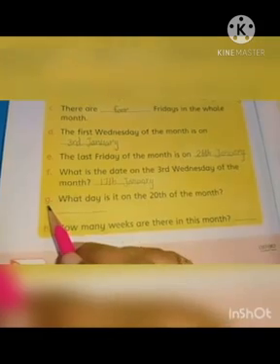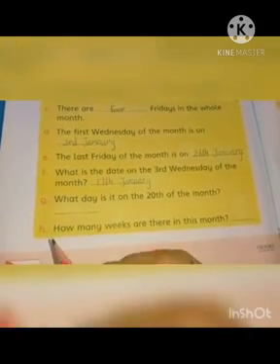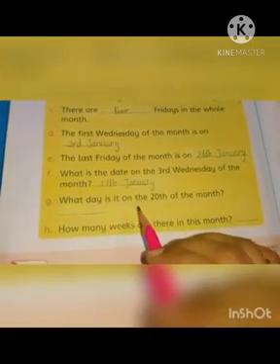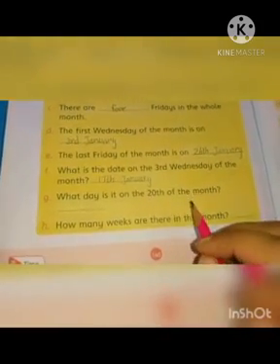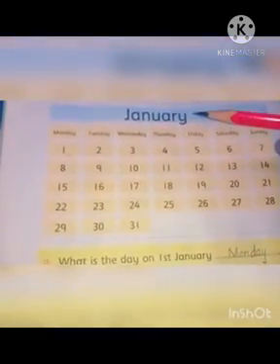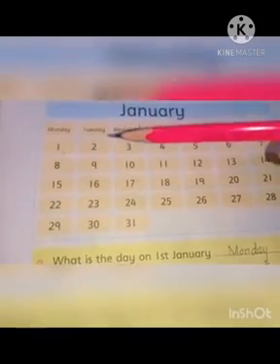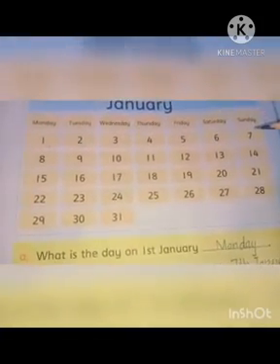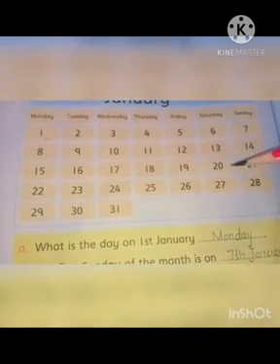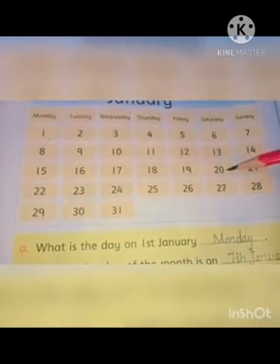Here we have point G. At point G, here we have the statement. What day is on the 20th of the month? Students, here we have the calendar of the month of January, and the date of 20th came on the day of Saturday.